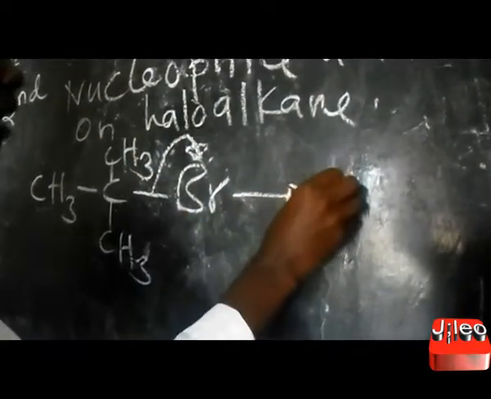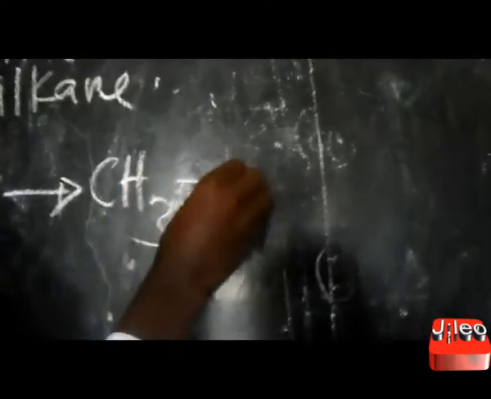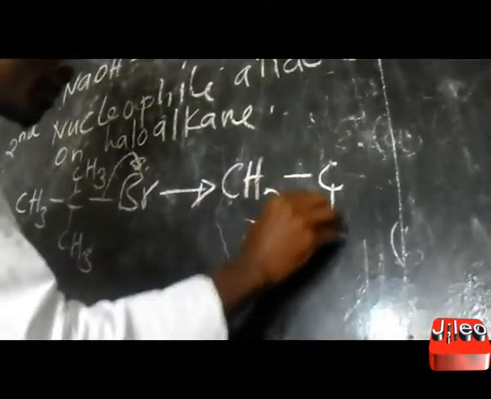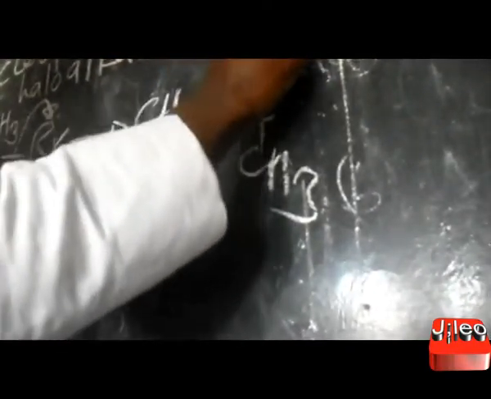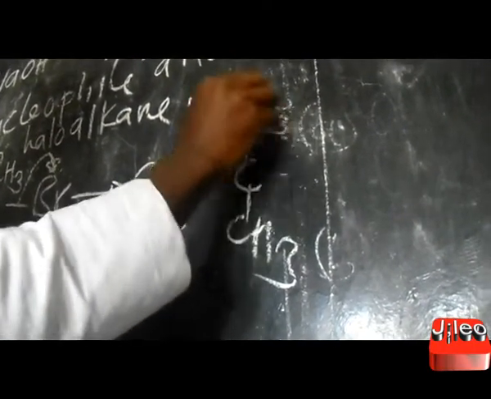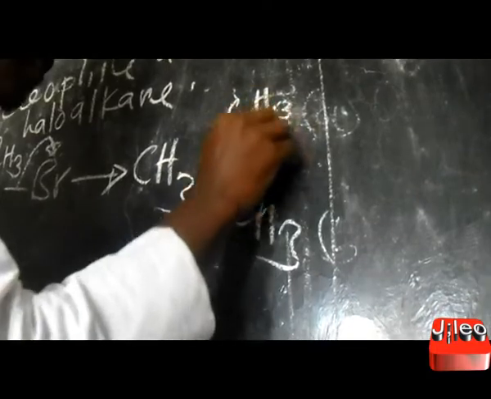So we have the following. Here we shall have CH3, again we shall have C, here CH3, and again here CH3. But here now it is a positive charge.